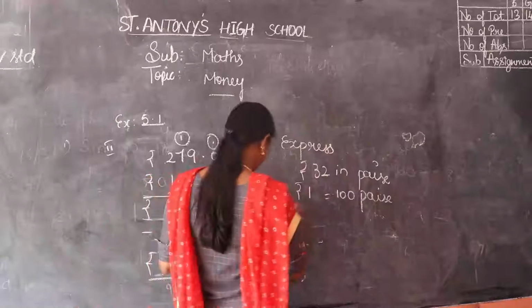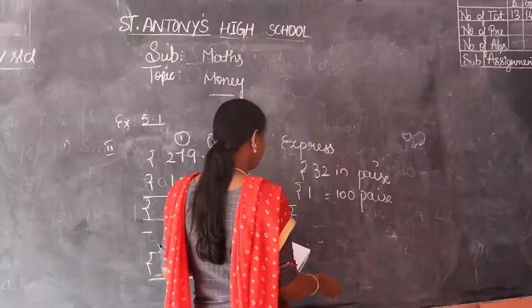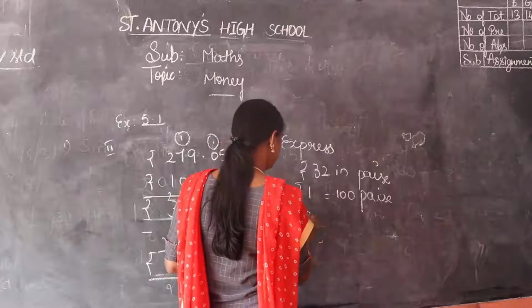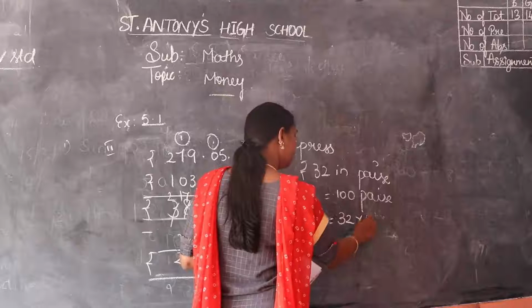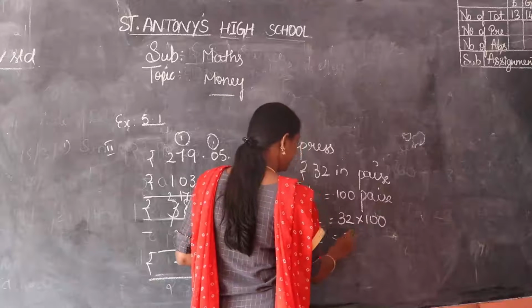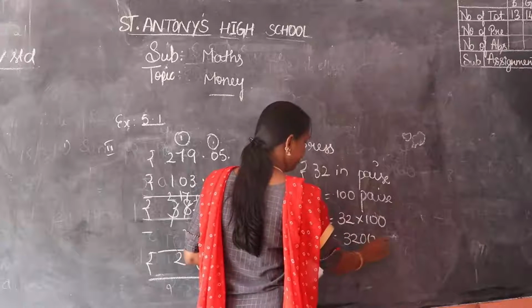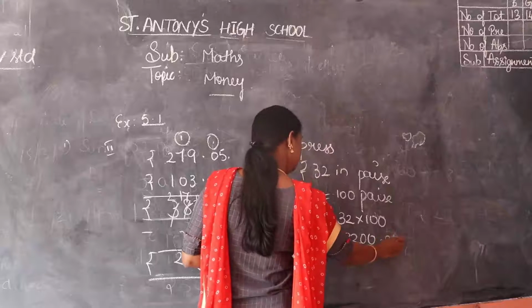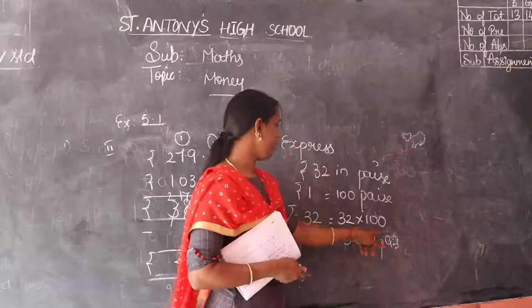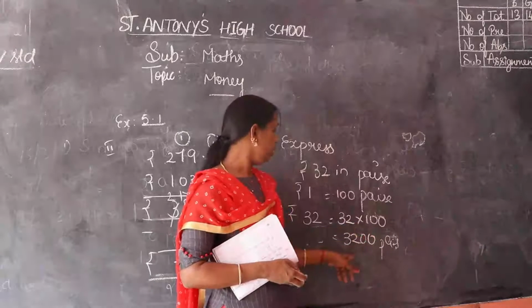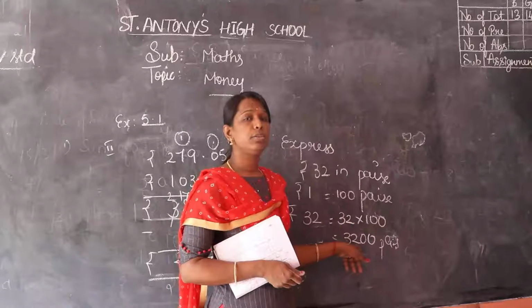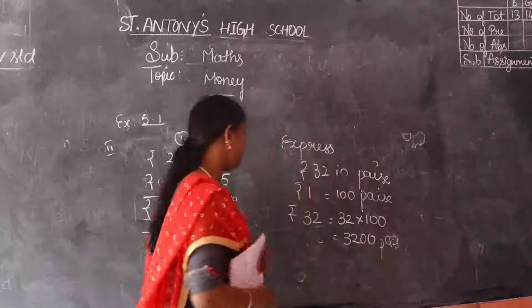So we can calculate for 32 rupees. So 32 into 100 is 3,200 paisa. Multiply 0 to this 32 and after that we can multiply 1 to 32 to get the answer 3,200 paisa. Okay.